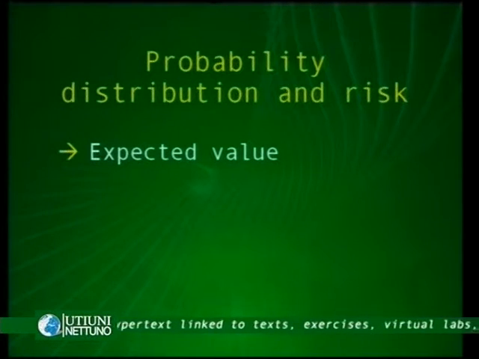The expected value is the weighted average of the possible outcomes of a project. So it's the outcome that is expected for the future, and is the basic outcome we consider in the initial projections.